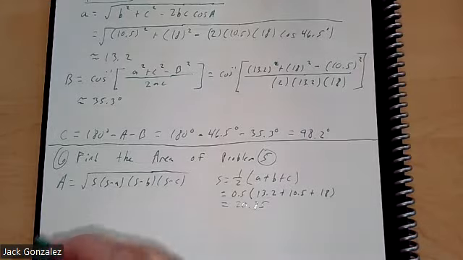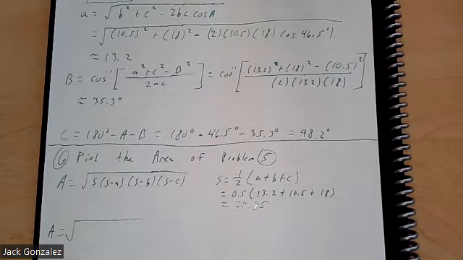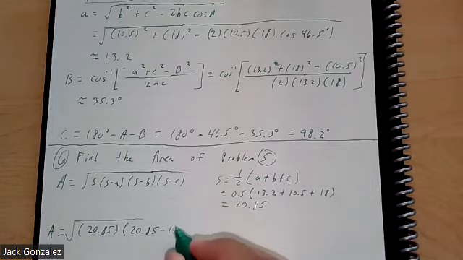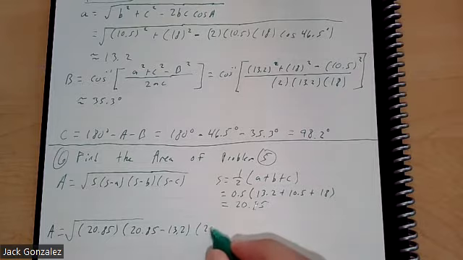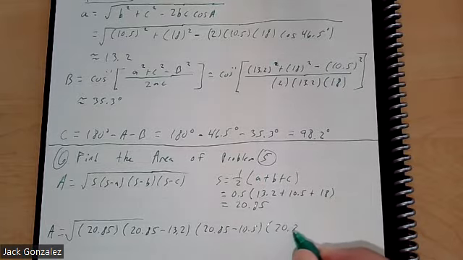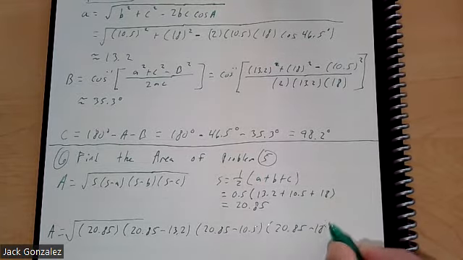All right, so let's do the area. Area is equal to the square root of 20.85 times 20.85 minus 13.2, 20.85 minus 10.5, 20.85 minus 18.